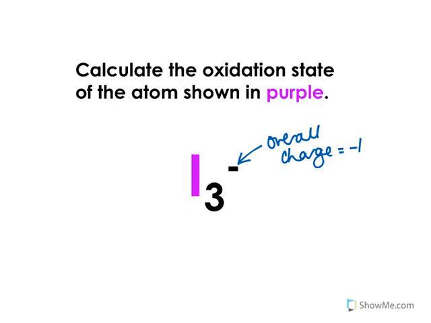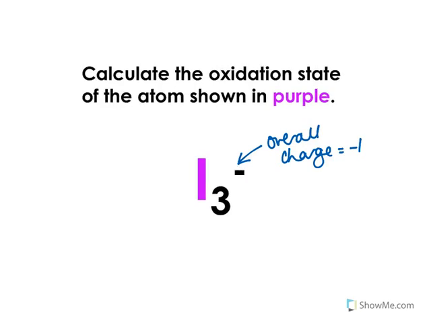So if we call the oxidation state of iodine in this particular ion X, we can then say 3X equals -1. Therefore, X is equal to -1 over 3.